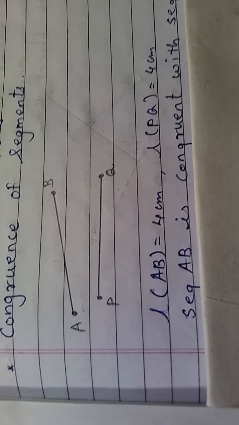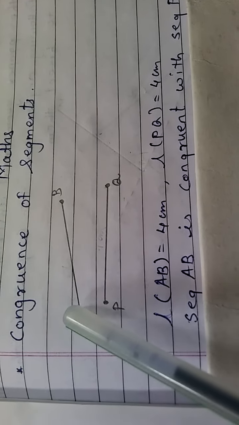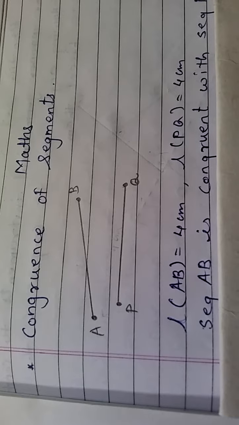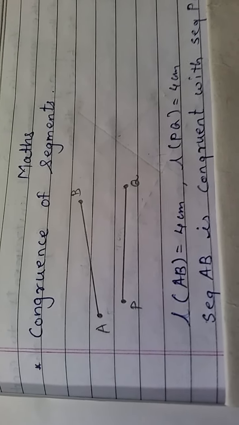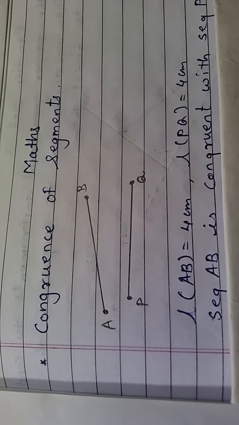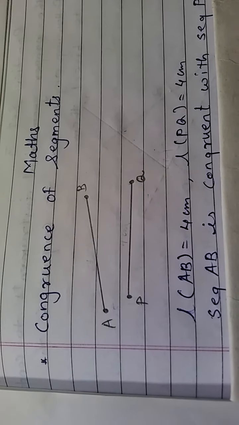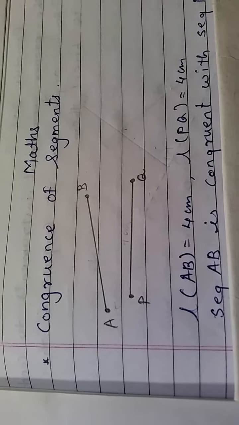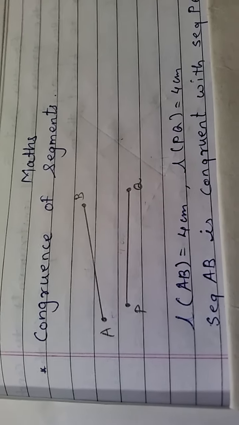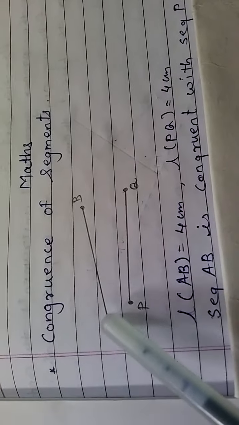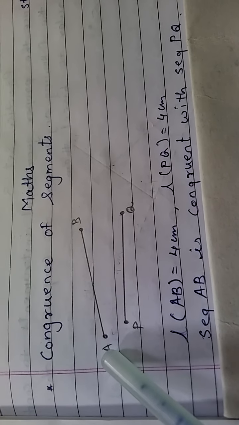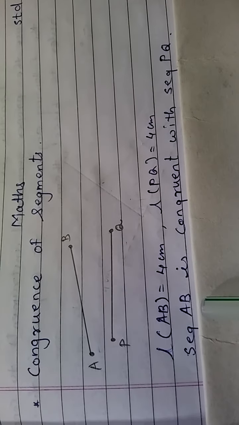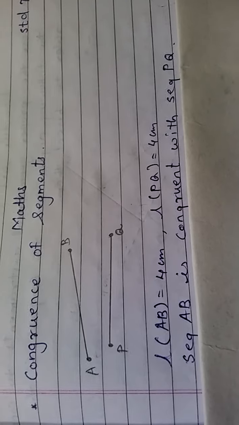Are they of the same length? Yes. The length of both segments is the same, 4 centimeter. It means that segment AB is congruent with segment PQ. The length of both segments is equal, which means segment AB is congruent with segment PQ.